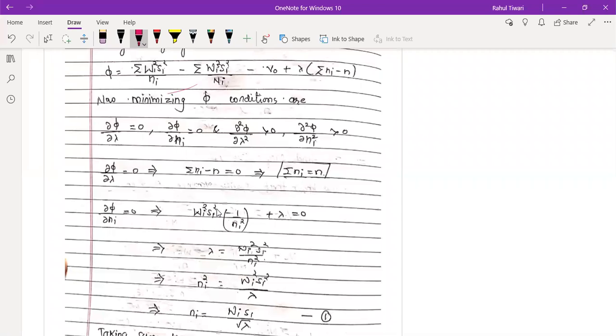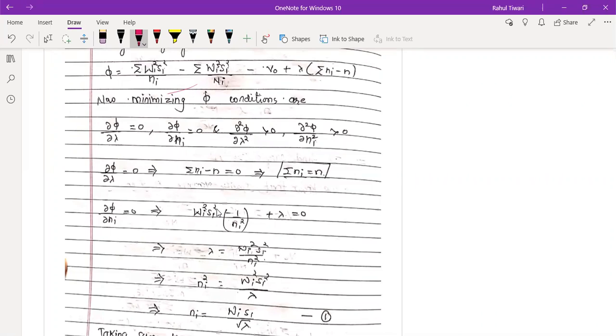When you differentiate this quantity with respect to Ni, what could that be? I have already mentioned, you don't take the summation initially, afterwards you can take summation. The derivative is minus 1 upon N square, and the other terms are 0, and there is lambda.